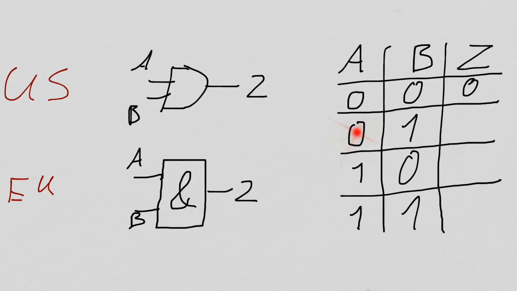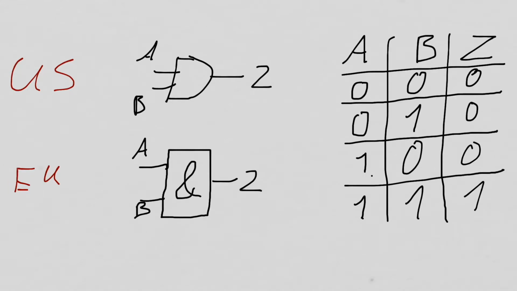Also false and true is not enough because we need both going through this gate. So this is still a 0, same for the other direction. And only if we have A and B true right here, then we get a true in the output too. That's how it works for the AND gate.